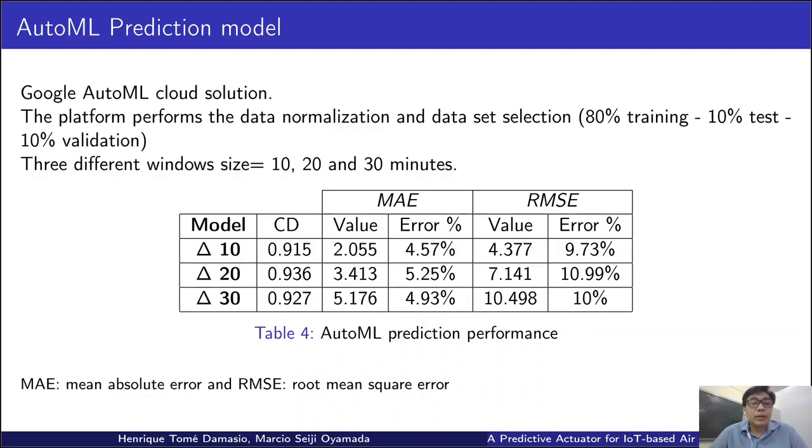Using the coefficient of determination as performance metric, the AutoML is the most accurate prediction model compared to the random forest and the multi-layer perceptron.